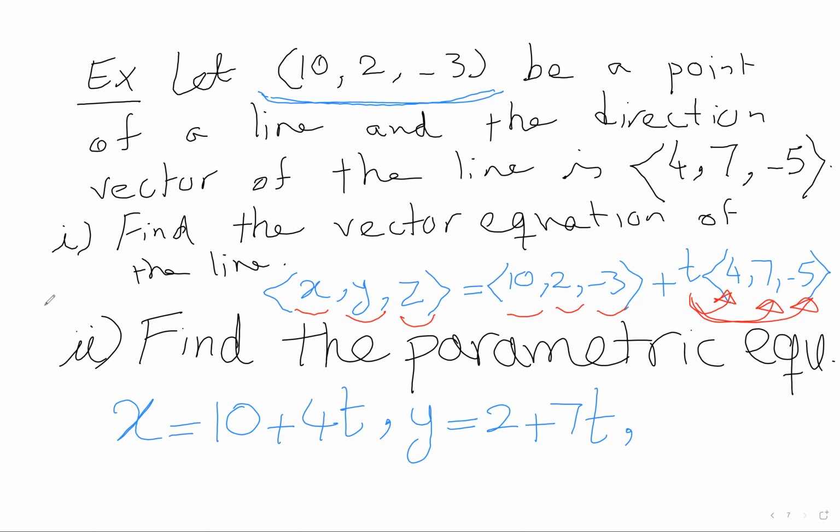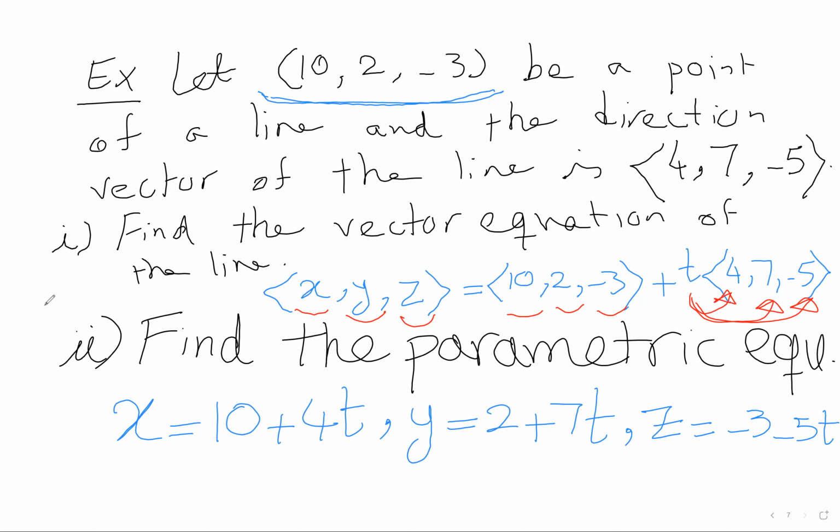So z is going to be negative 3 minus 5t. So as t changes, we get the three coordinates of the same line.